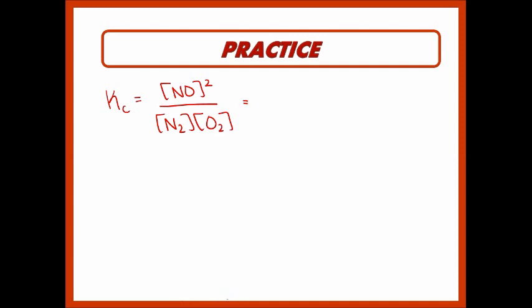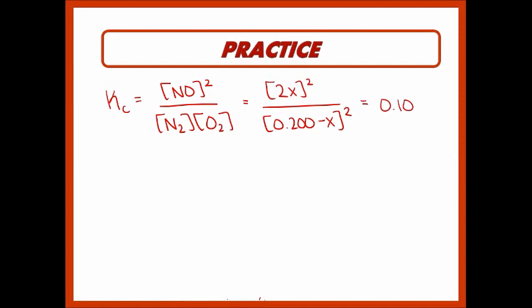Now plugging in the mathematical expressions which we solved for using our ice chart, we know that NO concentration is going to be 2x, raised to the second power. And our N2 and O2 concentrations were the same. They were both 0.200 minus x. So for simplicity, we're just going to write that expression once and square that expression. And remember, we can set this equal to our Kc value, which is 0.10.